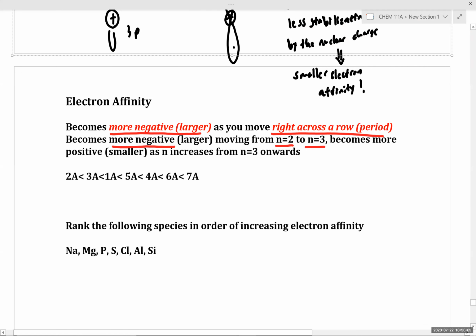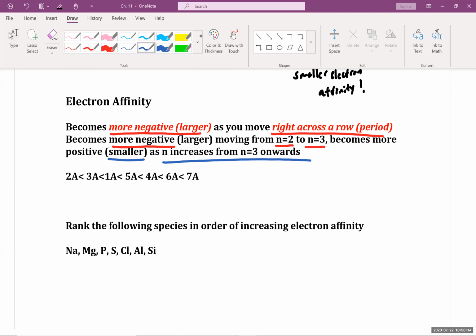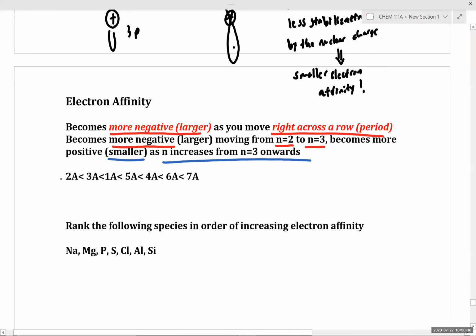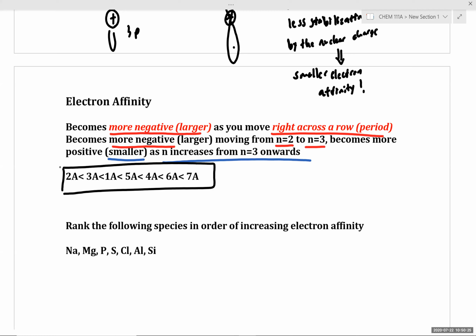But past n equals 3, electron affinity becomes smaller as your n increases. As a general rule, combining what we've discussed, the electron affinity can be ranked as follows for each of our main group elements.